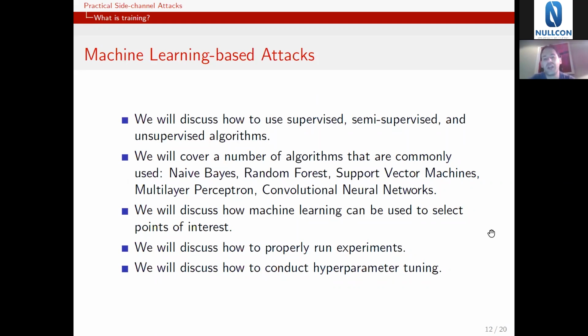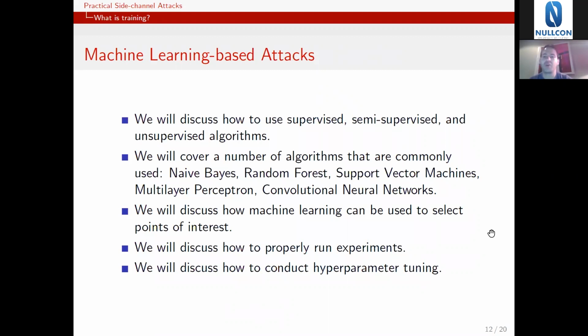Then we'll discuss how to properly run experiments, since the more complicated the technique, there is more stuff one needs to care about. And with this kind of setting, we will see that it's possible to run experiments in different kinds of ways.